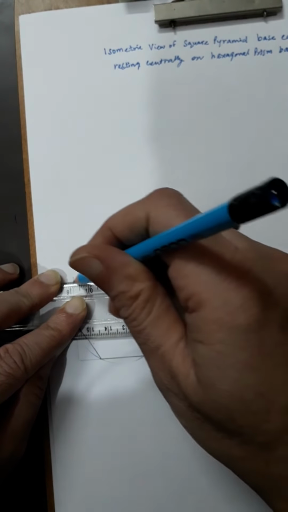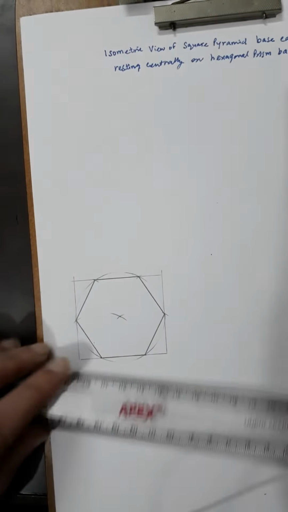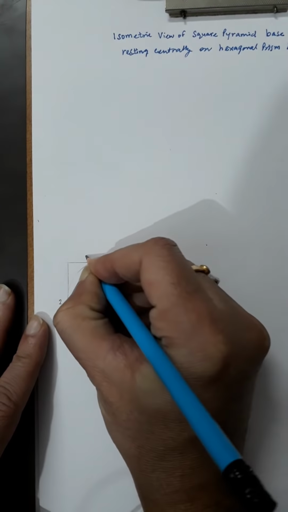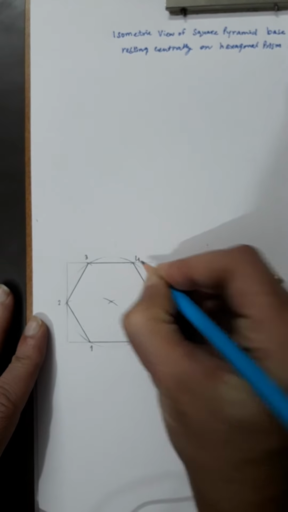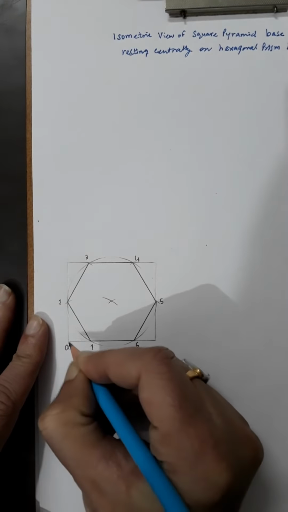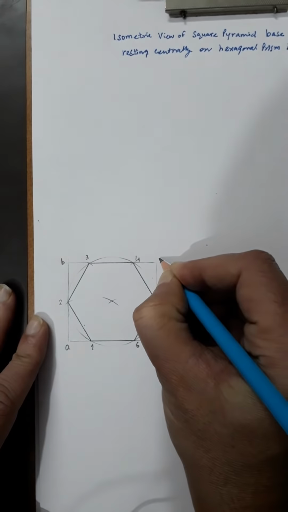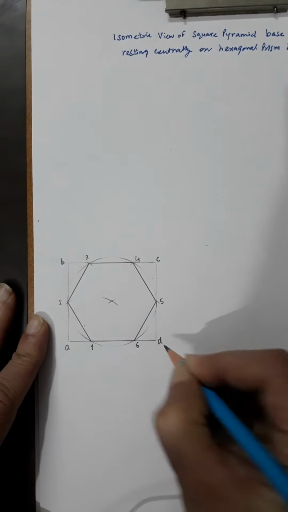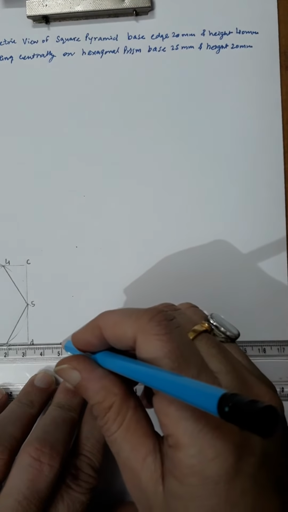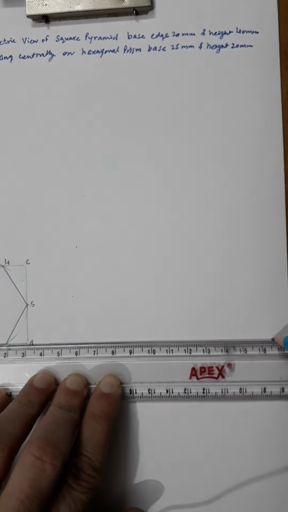Now you can name the points 1, 2, 3, 4, 5, 6, and this is A, B, C and D. Now you can draw a reference line XY, horizontal line.